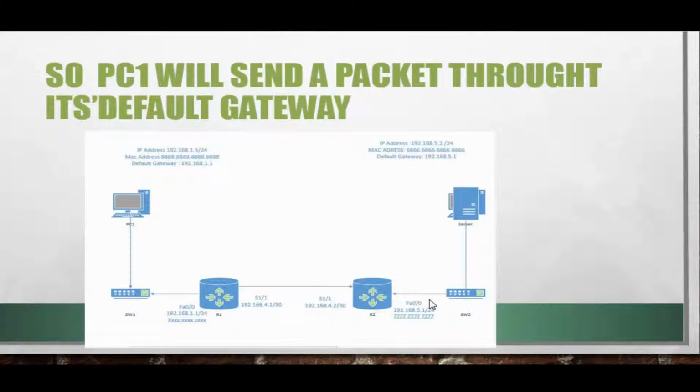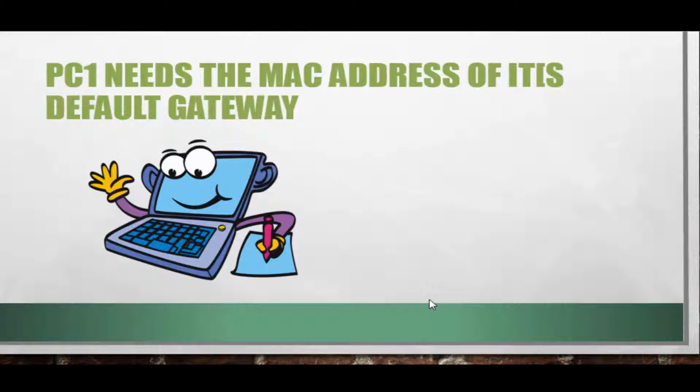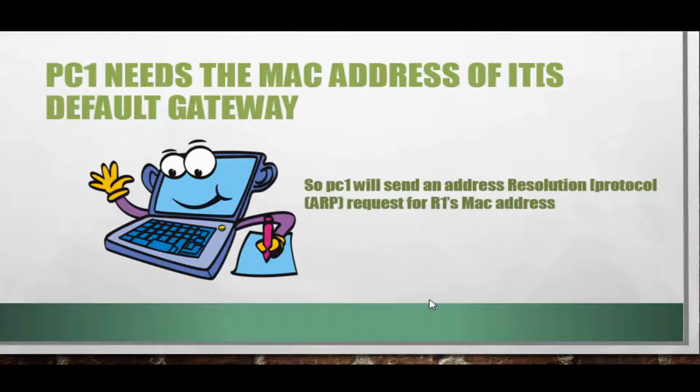So PC1 will send a packet through its default gateway, and the default gateway is learned dynamically through the DHCP, the Dynamic Host Configuration Protocol, or we can assign it manually. Remember that we can do that through the network section of our computer. So PC1 needs the MAC address of the default gateway. So PC1 will send an Address Resolution Protocol request to R1's MAC address.